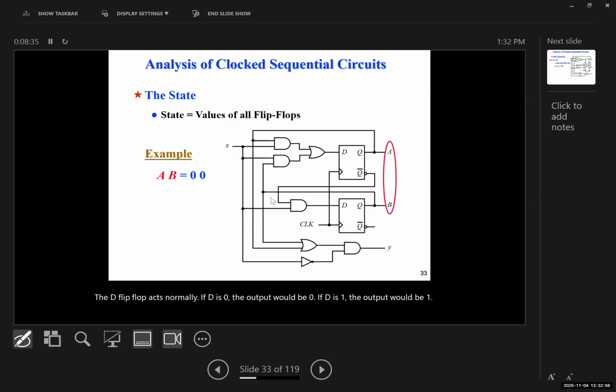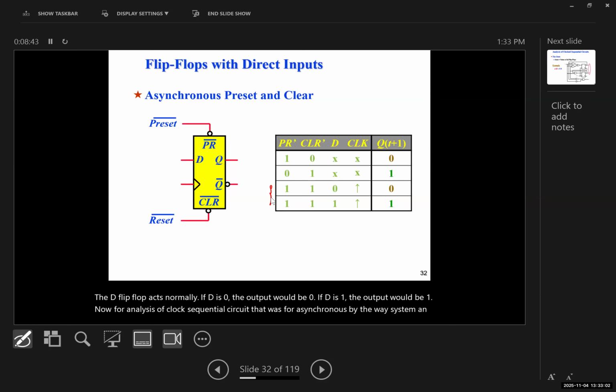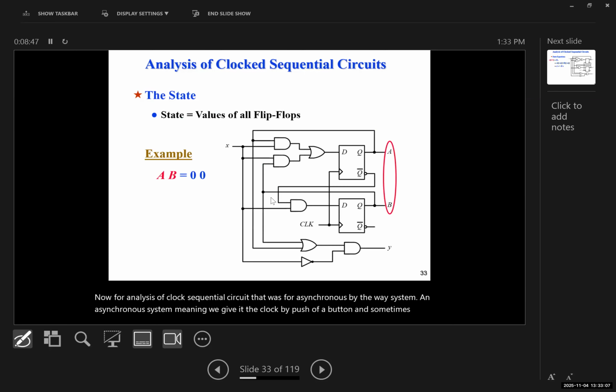Now, for analysis of clocked sequential circuits, that was for an asynchronous system, by the way. An asynchronous system means we give it the clock by push of a button. And sometimes we have a synchronous system, meaning all the clocks are tied together and they're clocked using a central clock system. So all of them are synchronized with a central clock system.